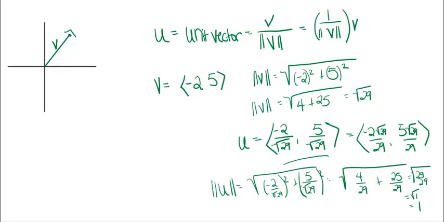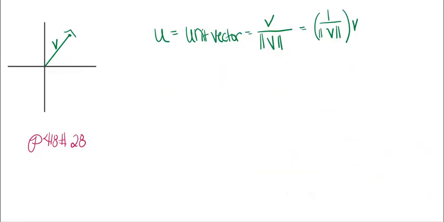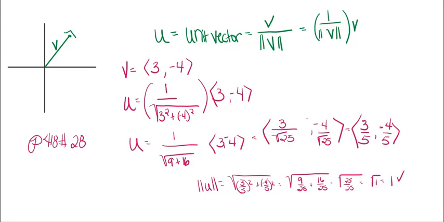Now, I would like for you to pause the video and try the problem on page 418, problem number 28. Pause the video, work out the problem, and then come back and we'll work it together. Okay, here's problem number 28 on page 418 worked out.